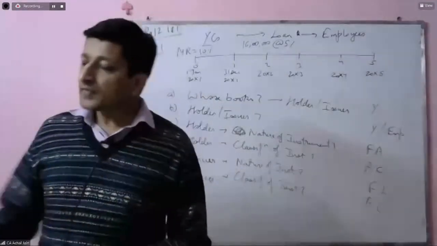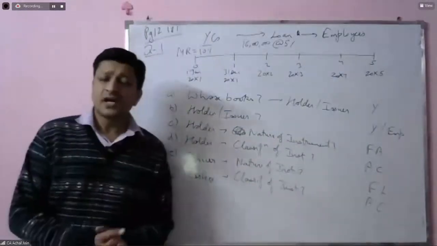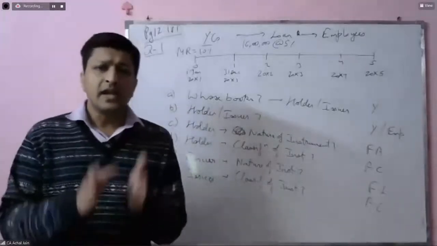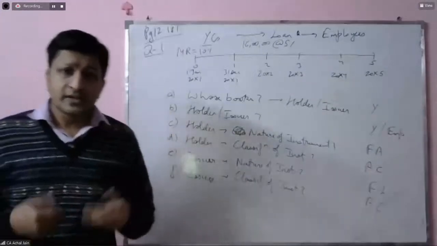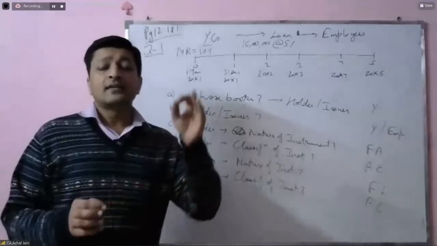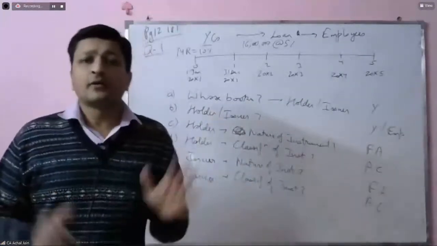Yeah, great. Now, if you look at all of these questions which I have asked you, all of these questions were largely answered in the question itself. But still, it's good for you to ensure who's the holder, who's the issuer, whether it's a financial asset or not.